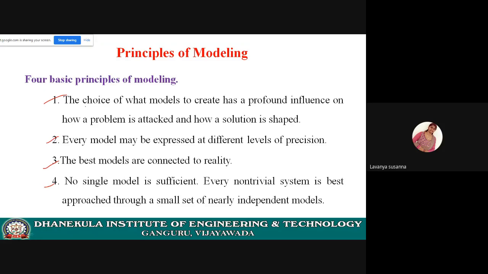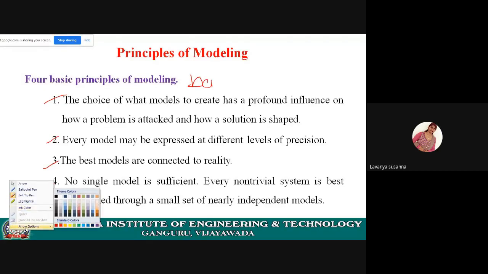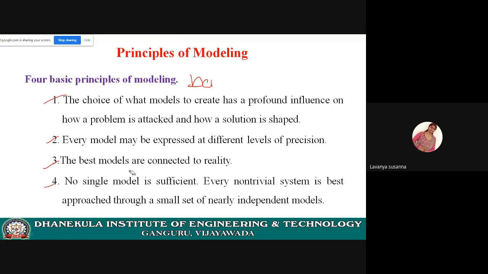The first principle is you need to choose the best model. If you choose a wrong model, what will happen? It will mislead you, and you will focus on irrelevant issues.